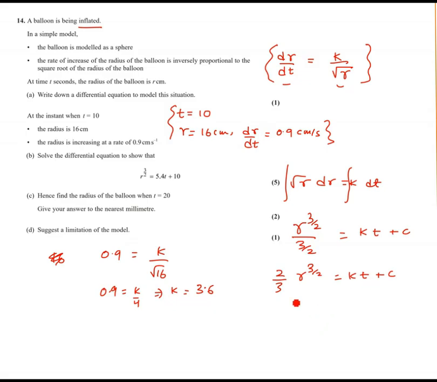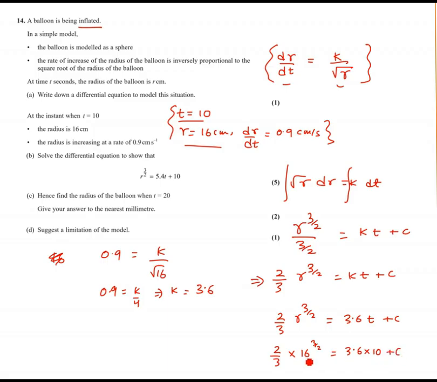Now we replace k in this equation as 3.6. So 2 by 3 r to the power 3 by 2 equals 3.6 t plus c. Now let's substitute the value of t and r in here. So 2 by 3, r is 16 to the power 3 by 2 equals 3.6 times 10 plus c.